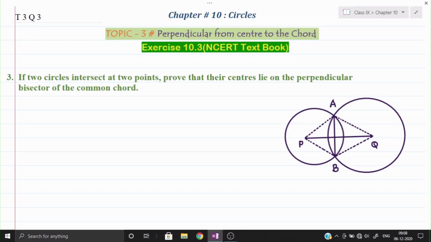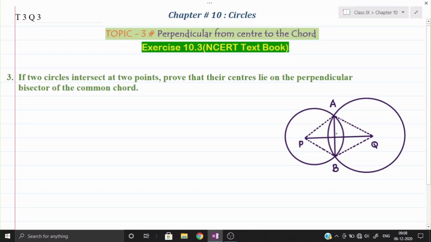Okay, so indirectly what they are asking is, if you join the centers of both the circles, whichever line is formed, that line, meaning the line PQ, will be the perpendicular bisector of the chord AB. Now perpendicular bisector means we need to show PQ is perpendicular to AB, as well as PQ divides AB into two equal parts.